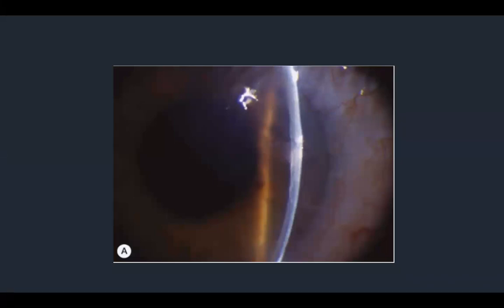Excellent. So to see, and if we have a pre-op baseline to compare how much was the normal endothelial cell count. The normal endothelial cell loss is 0.6% per year, and if it is more than this, it means that the tube surgery should be revised because of the endothelial cell count.